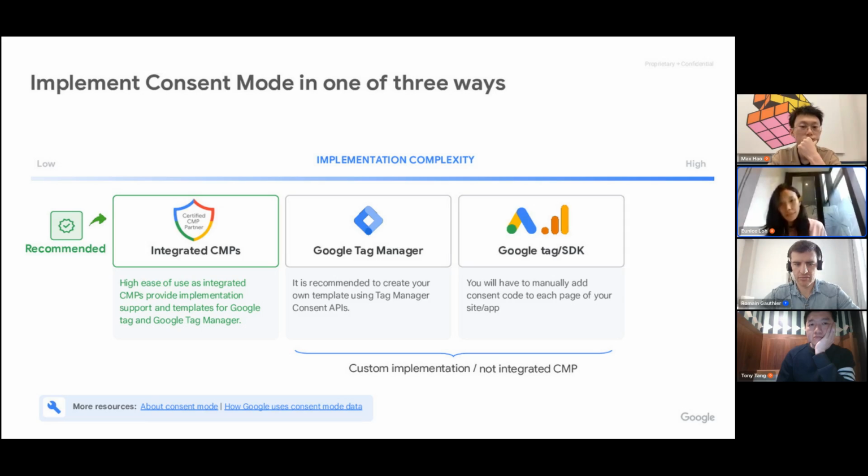A CMP such as Didomi has already integrated with consent mode, so there are available templates and implementation support at hand to help. And tech partners such as 55 are here to consult and work with you within the APAC time zone to help with the implementation. So that is the gist of consent mode.